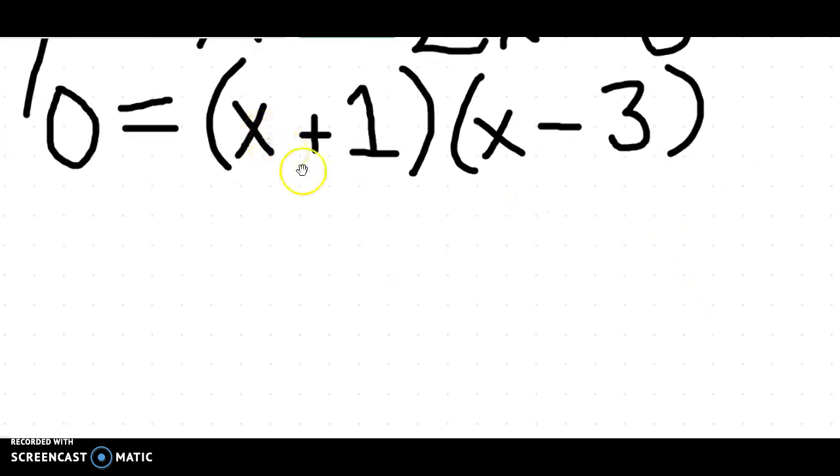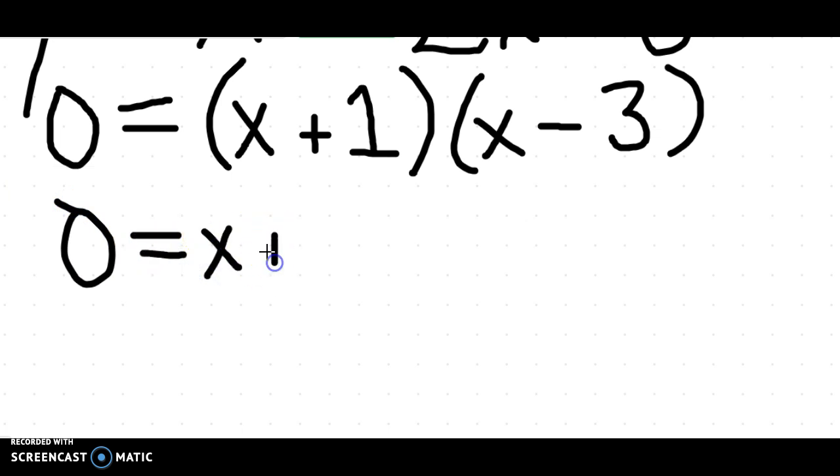Now that means there are 2 values for x that would yield 0 when I look at this. So I already know without graphing that when I look at this parabola, there are going to be 2 places where it intersects the x-axis. Those are my 2 zeros. So this one, 0, that's a fancy 0, equals x plus 1, and then 0 equals x minus 3.